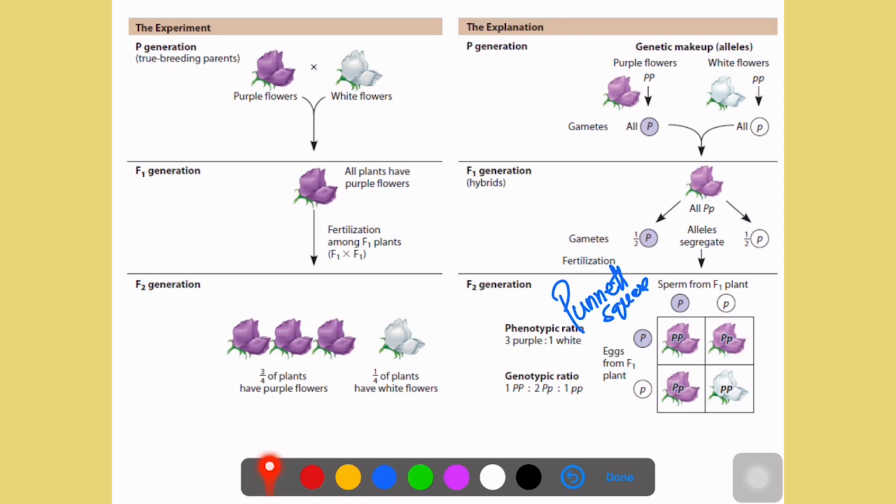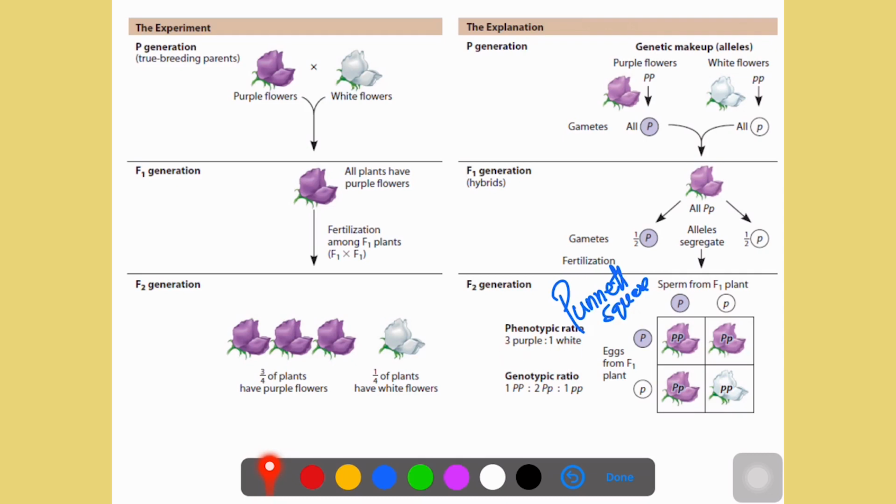So now the 3:1 ratio which we observe phenotypically gets a little bit different when we consider it in the genotypic ratio. In the genotypic ratio, we can clearly see that 1 is homozygous dominant, 2 heterozygous and 1 homozygous recessive. So monohybrid cross will have two different ratios.